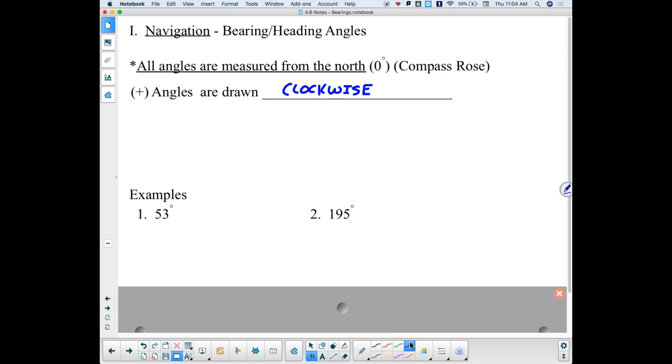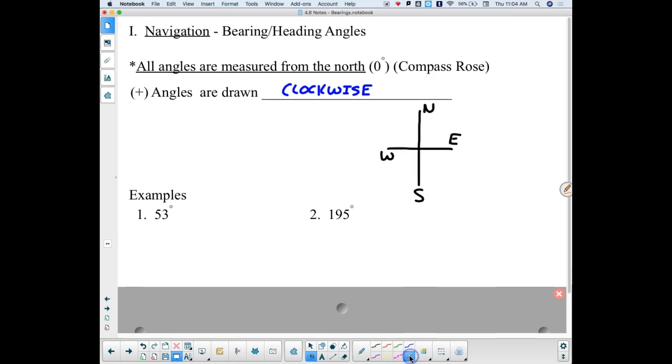So, north, south, west, and east. That means north is 0 degrees, east is 90 degrees, south is 180 degrees, and west is 270 degrees.